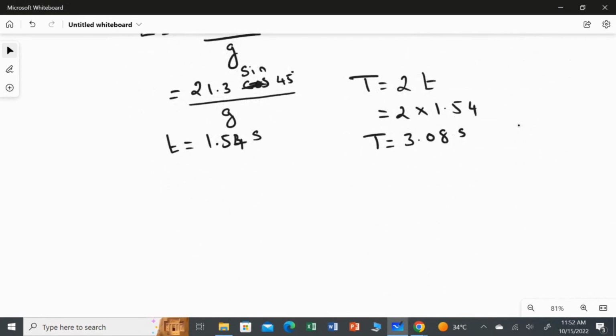So now we can directly go for finding the value of average speed, which is equal to distance over time. So what is our distance here?